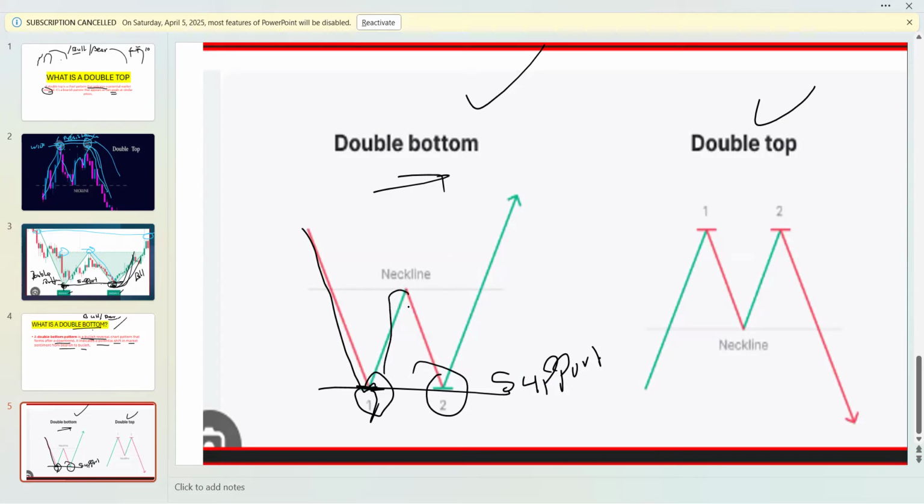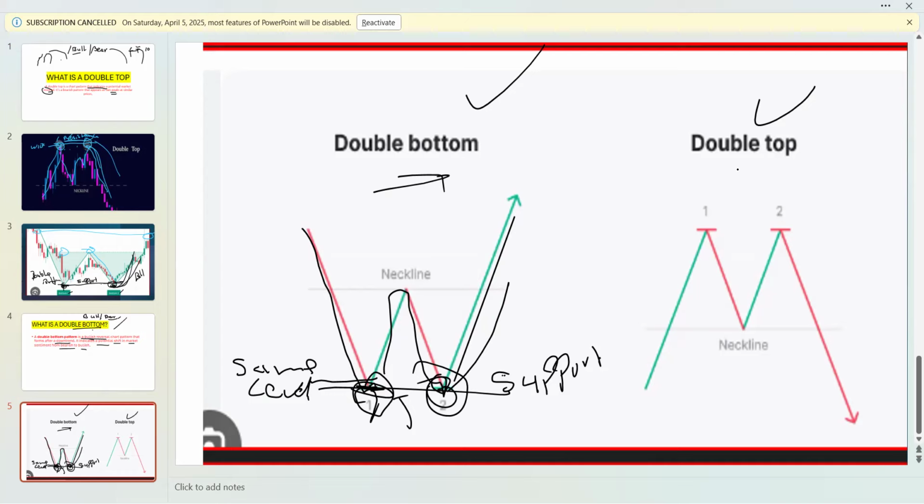Here it's going up and going down, refusing to go lower, creating the same level. That's called the same price, same level. So it refuses to go lower. So it creates a double bottom and price reverses up. Whenever you can identify a double bottom, it's going to go up.